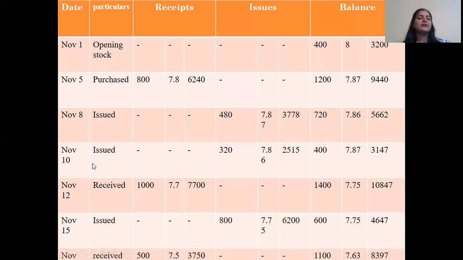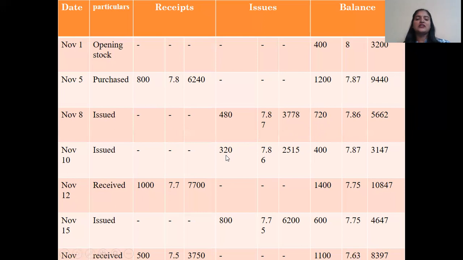Next, after that, on the 10th we issued again. How much did we issue? We issued 320. What is the balance available with us? 720 is the balance. Out of this 720, issue 320. After issuing, how much is the balance? 400 is the balance: 720 minus 320 is 400.